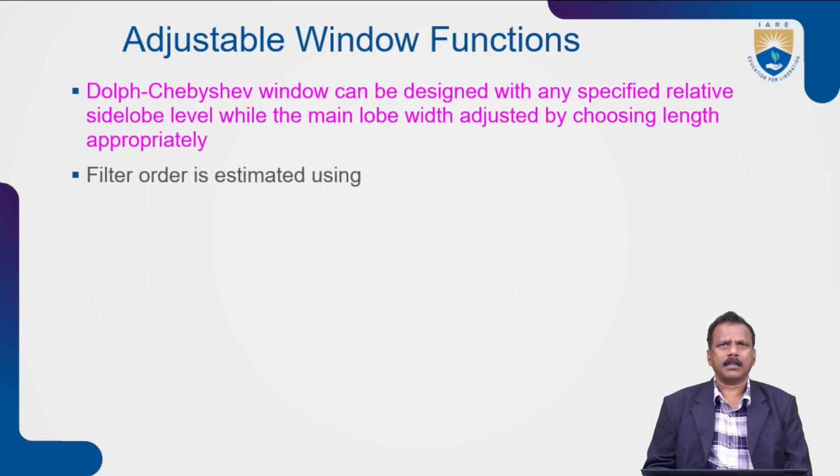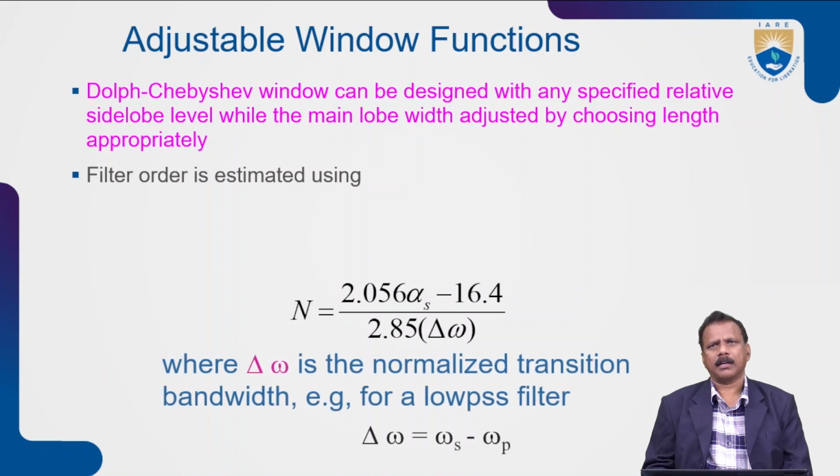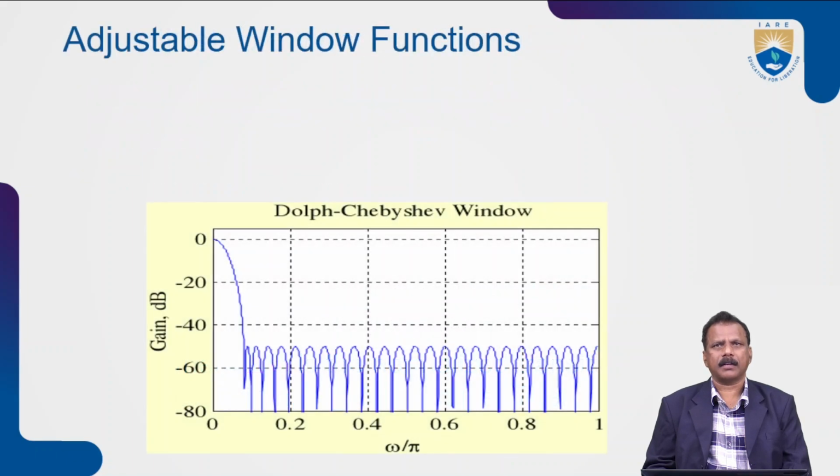The filter order is estimated, maybe first order, second order, third order, or 11th, whatever it is. With the adjustable window function, the filter order is estimated using N equal to 2.05 and so on, where delta omega is the normalized transition bandwidth. For example, a low pass filter is this one.